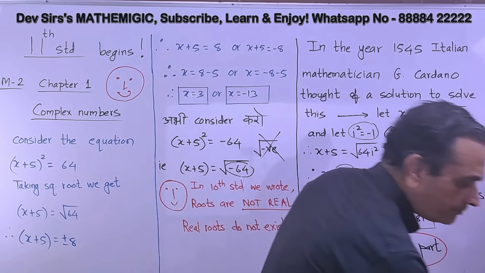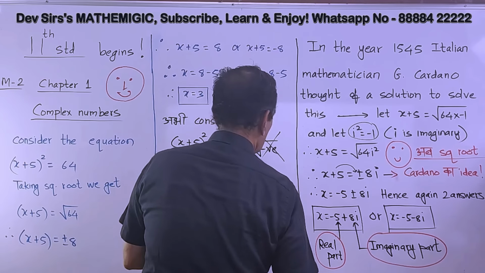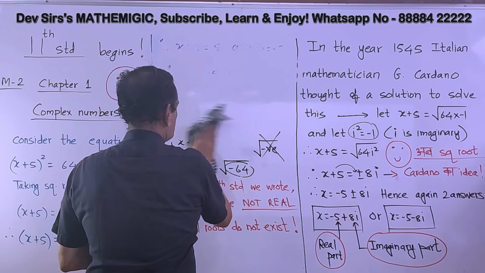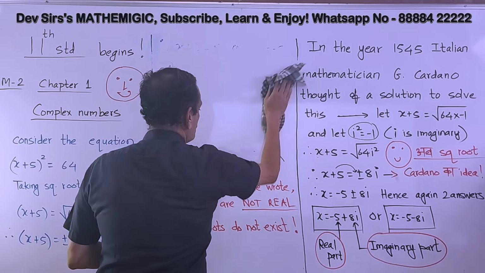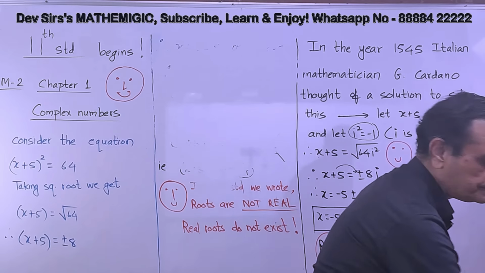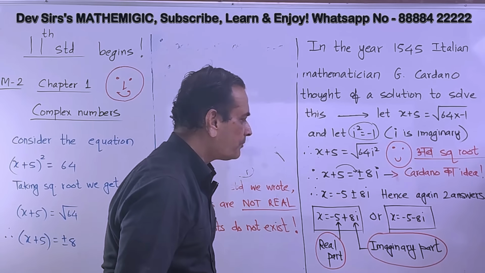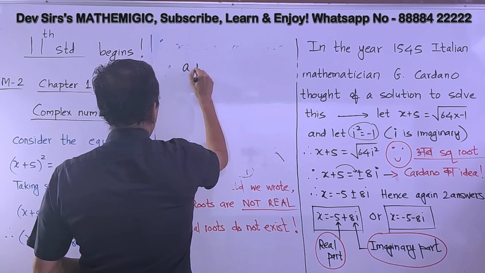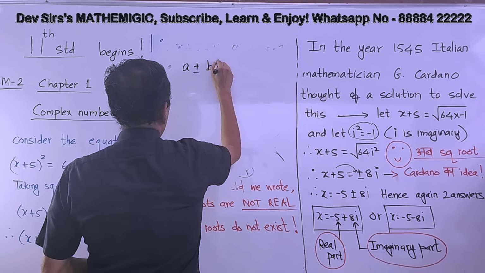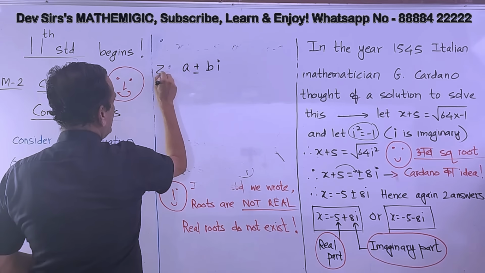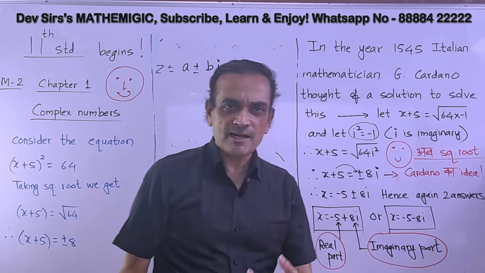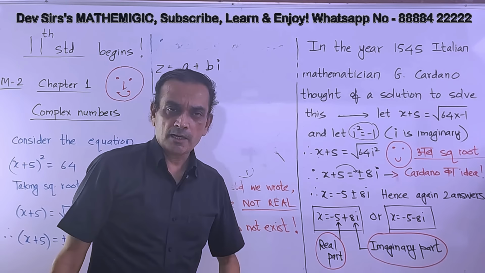Okay, so in general, any complex number can be denoted by a plus or minus bi. उसको बोलते हैं z is equal to a plus or minus bi. z just a notation, right?